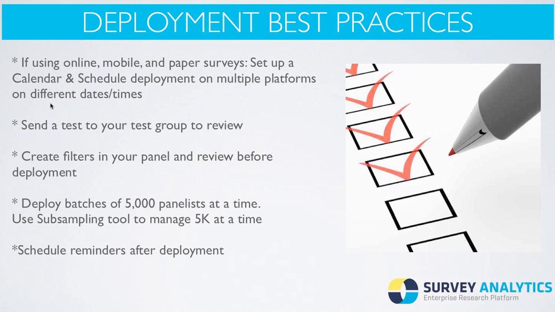Third thing is to create filters in your panel and review them before the deployment. So what you can do is you can go in and slice and dice your list of panelists, but before even sending it out, you may want to just review them and see if there are any particular names or respondent types or particular profiles that are coming up that you may or may not have anticipated wanting in there.